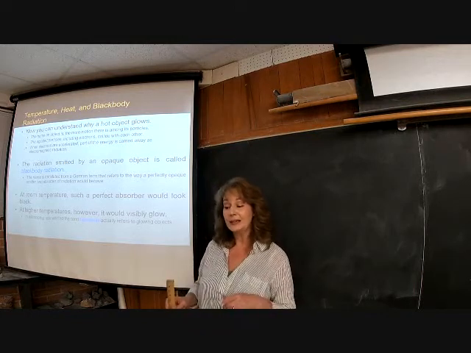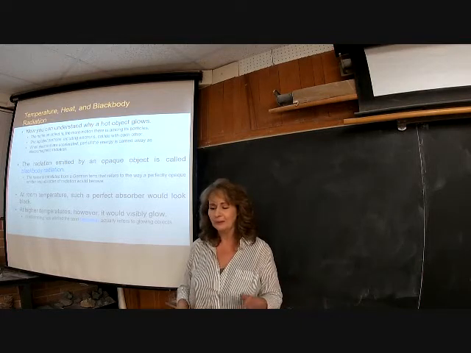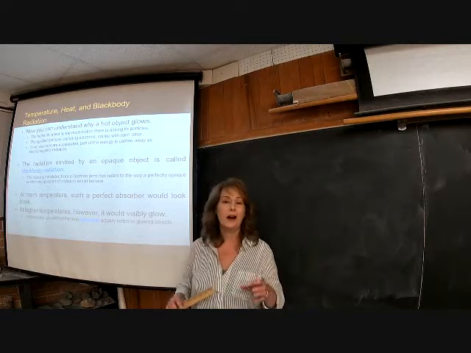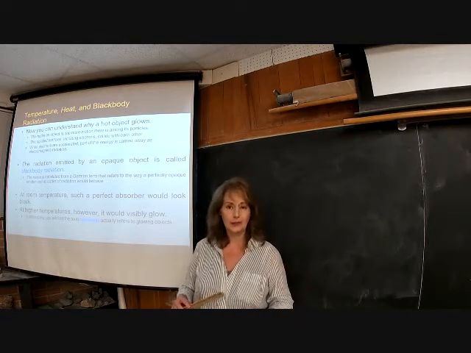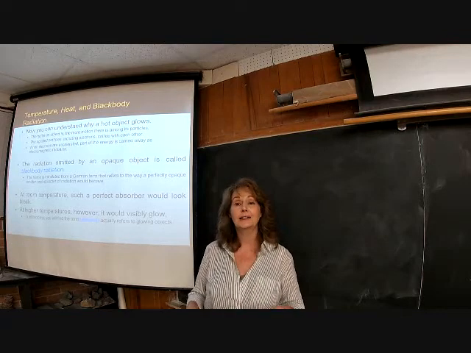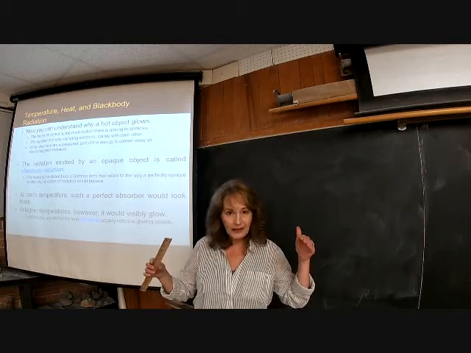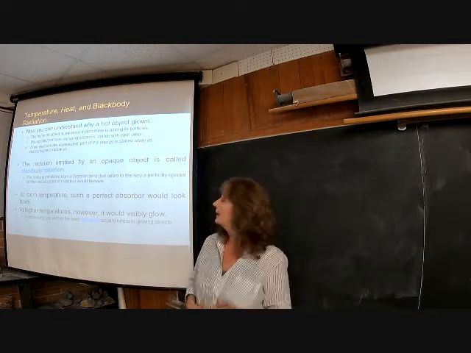So temperature, heat, and what we call black body radiation. A black body is sort of an opaque object. Opaque means that light's not going through it. An opaque object that is a perfect emitter in all wavelengths of radiation and a perfect absorber.